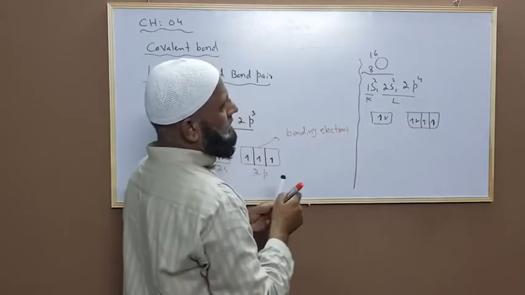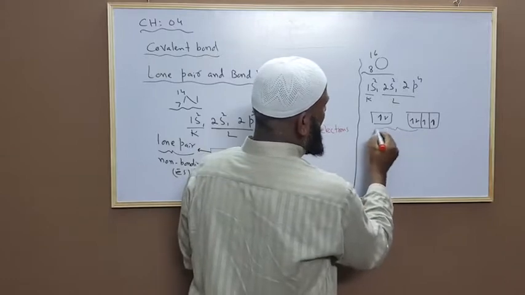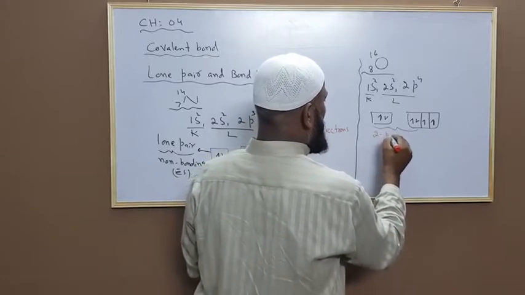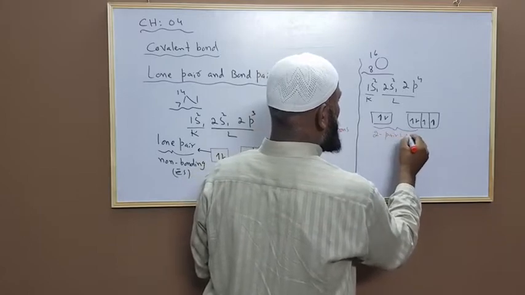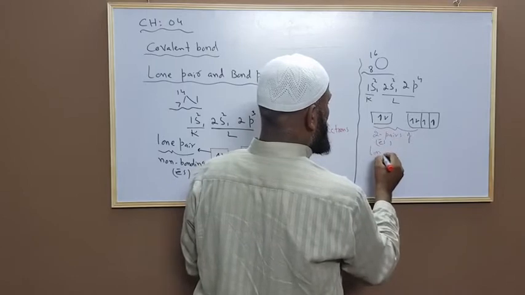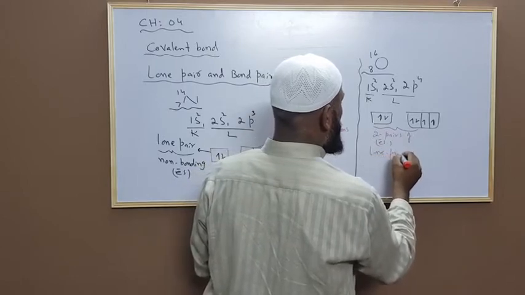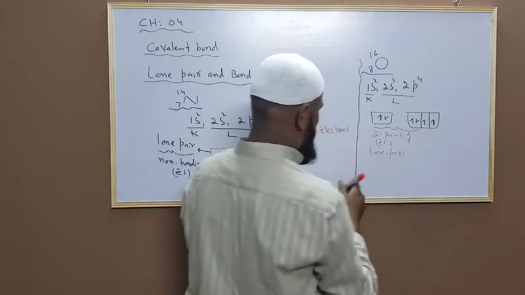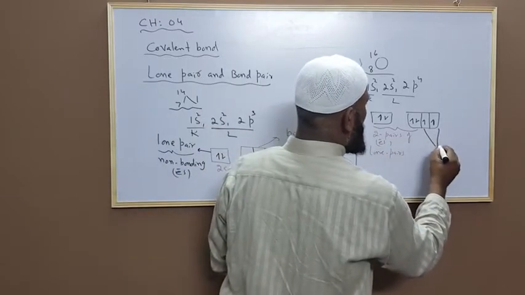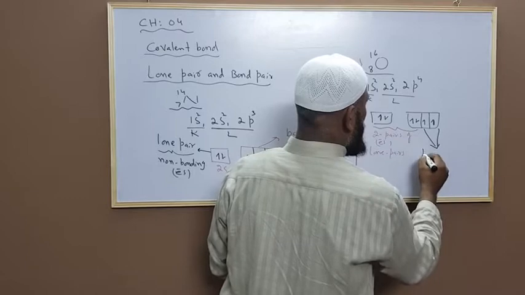So how many pairs of electrons are there? There are 2 pairs of electrons, and these are known as lone pairs. And how many single electrons are there? There are 2 single electrons. These are known as bonding electrons.